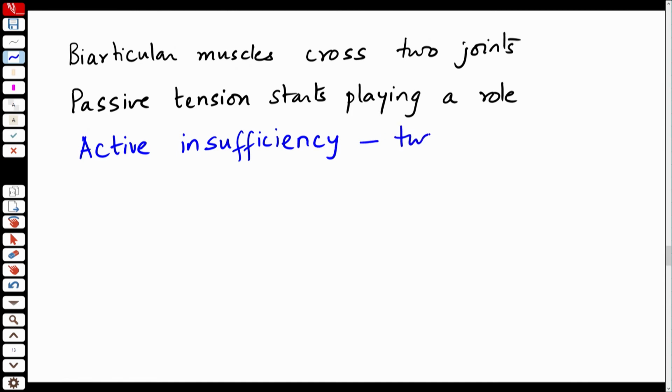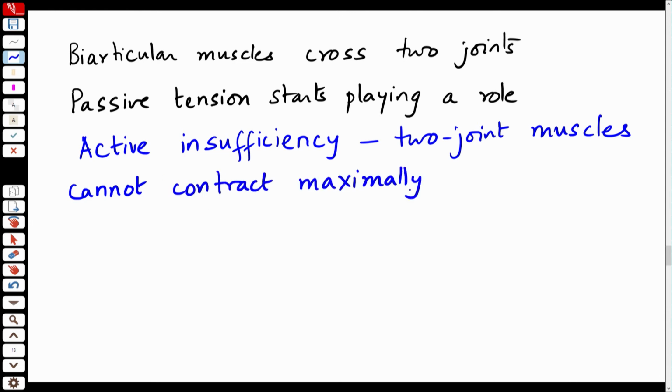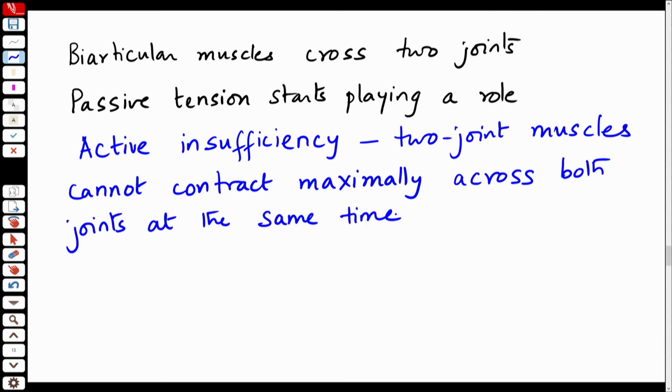What it means is that two joint muscles, or biarticular muscles, muscles that cross two joints, cannot generate full force across both joints at once.